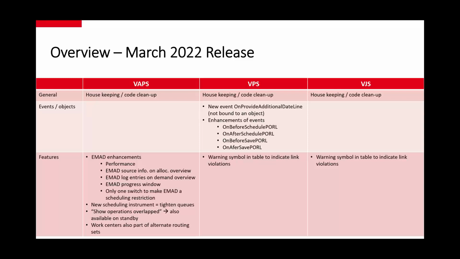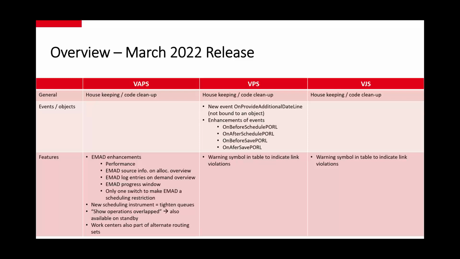So we have some events that you can hook into the VPS before we schedule or after we schedule, before we save or after we save, so that you can add some custom code, for example after scheduling, to check some criteria that are specific for you as a customer or specific to your industry solution, and then react to it visually in the VPS.